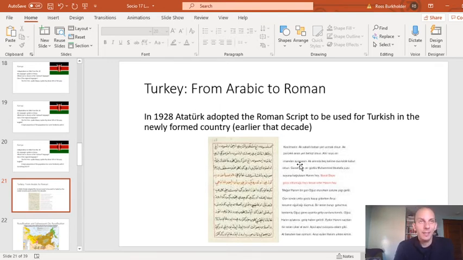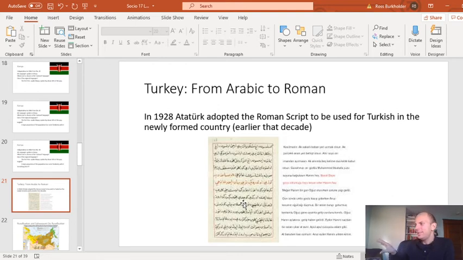What's going on here is that Ataturk is intentionally controlling the indexical associations of the language. Whereas the Arabic script is tied indexically to a certain geographic region and also to the religion of Islam, he's shifting away from that indexical association and instead adopting a Roman script, which is indexed with the Western world, Western Europe, and the United States.